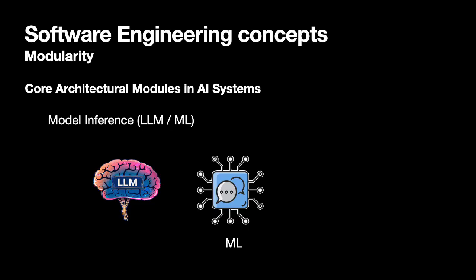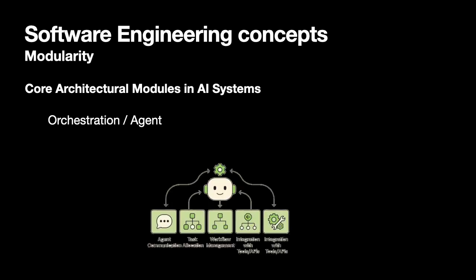Model inference generates predictions or text from a prompt or features and produces completions or class probabilities. Orchestration agent has the responsibility of managing execution flow, tools and business rules, and generates the final result using as input the user task.